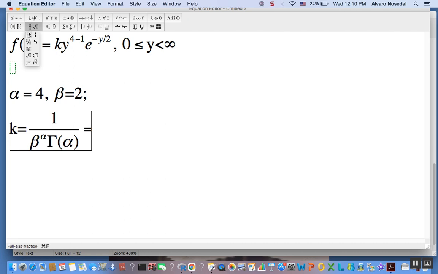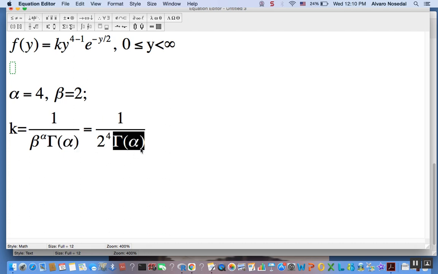So let's evaluate. So it would be 2 to the power 4 times gamma evaluated at 4. Right? So now let's do a little bit of math.